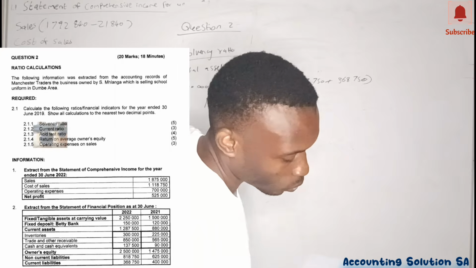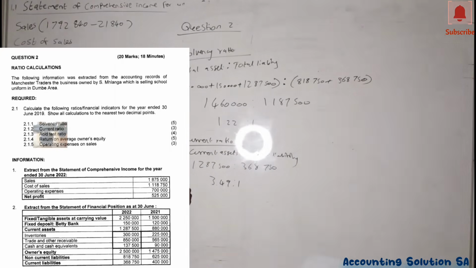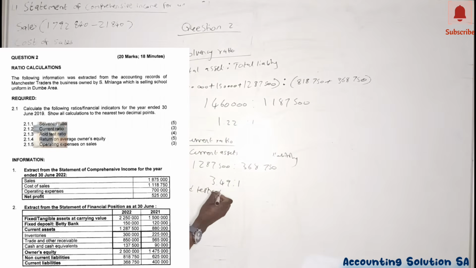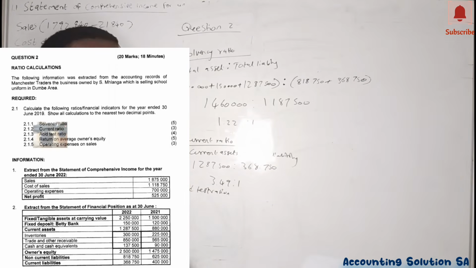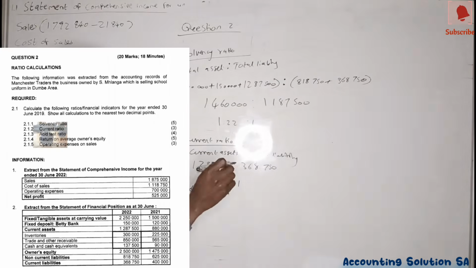Now let's go to acid test ratio. When we talk about acid test ratio, guys, it is similar to current ratio, just that for this one we have to subtract what? Inventory. We're going to say current assets minus inventory is to current liability.